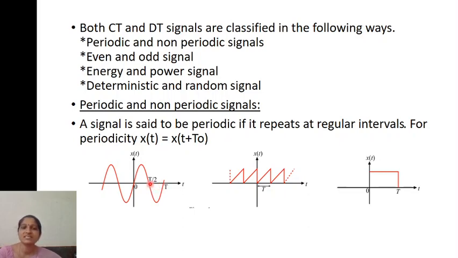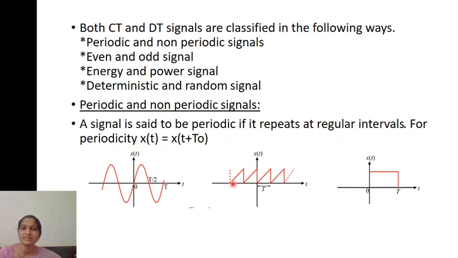That means this signal is said to be periodic if it repeats at regular intervals. Here also you can see this is the time period t, and after the time period t again you are getting another signal. So this is a periodic signal.